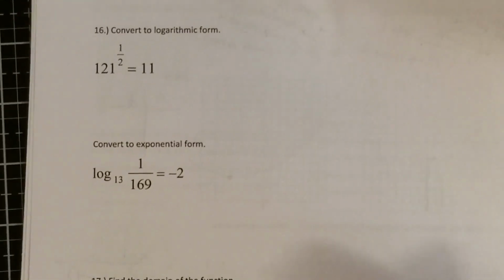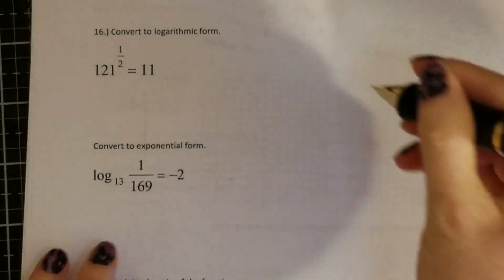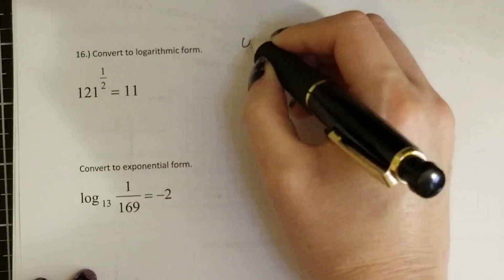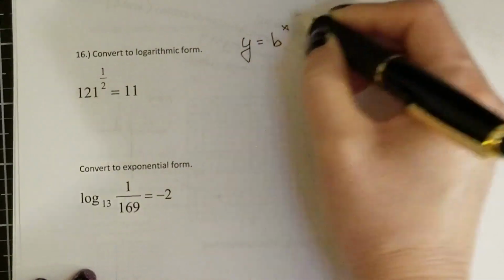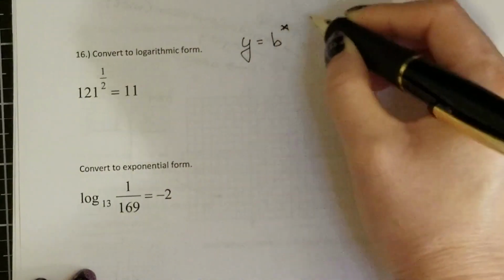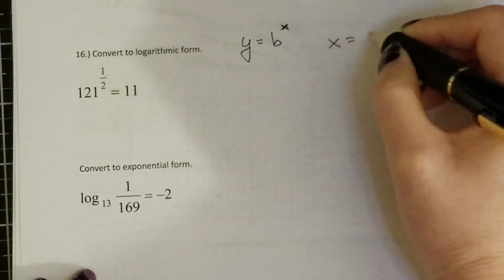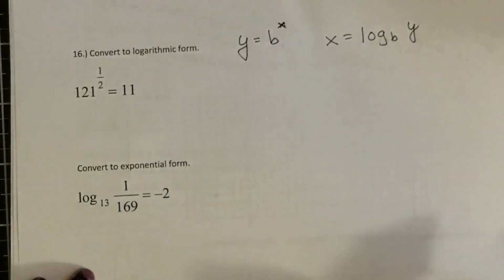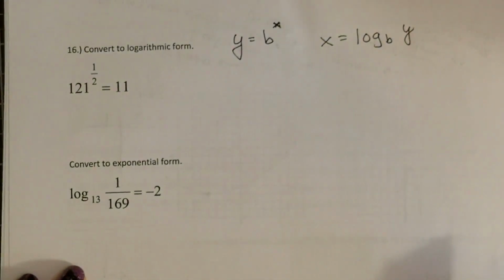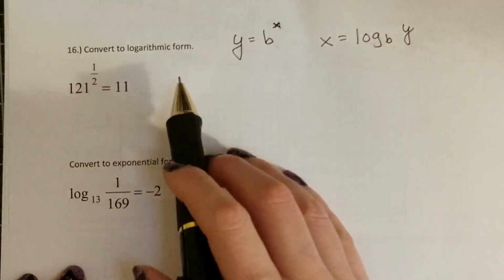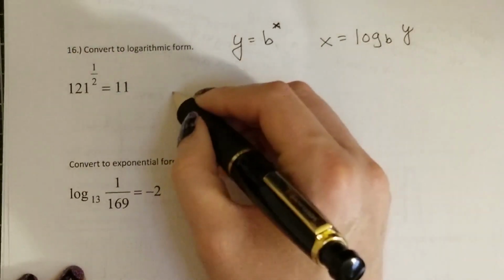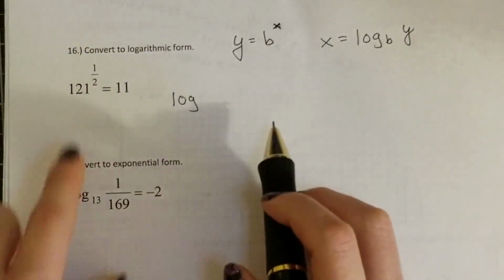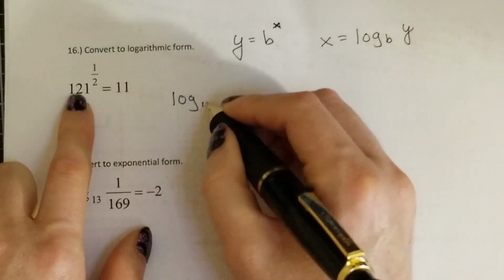Okay, number 16, convert to logarithmic form. You will need to memorize these properties. So the property you need to memorize is y equals b to the x, and then x equals log base b of y. Okay, so you're going to start here with saying log, and you figure out your base is 121.